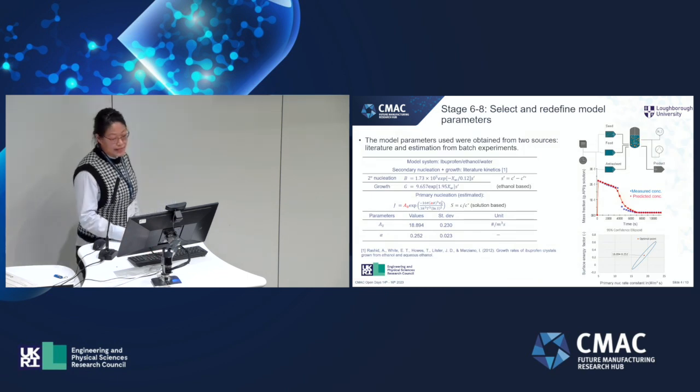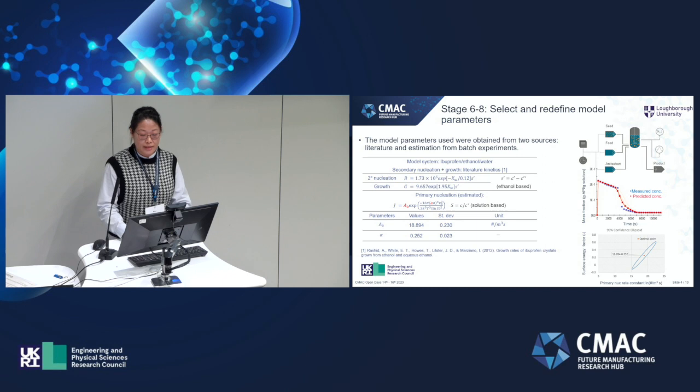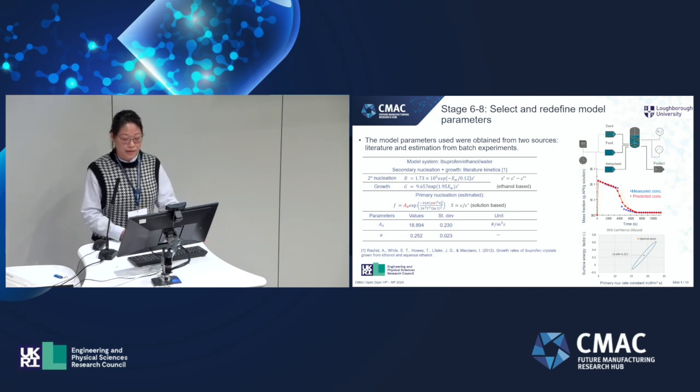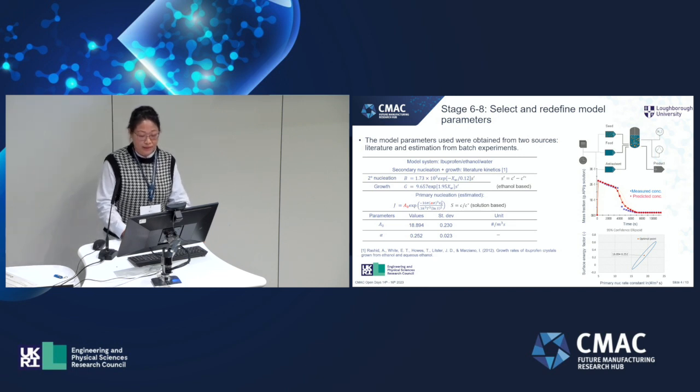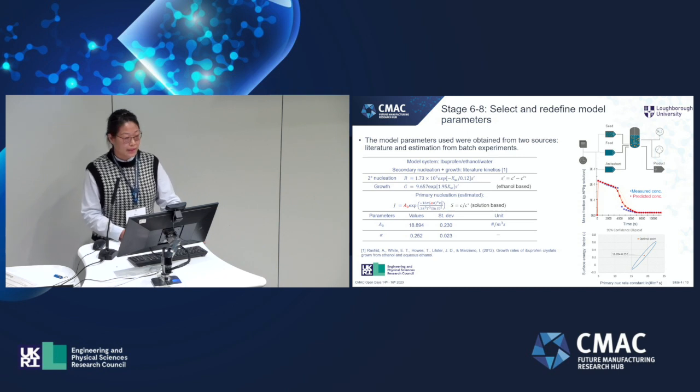At the initial stage of this workflow, some of the kinetic parameters can be obtained from the literature, and others can be estimated from sequential design of experiments. It depends on the availability of the kinetic parameters, and if it is a new drug, we need to perform some basic experiments to obtain the kinetics.